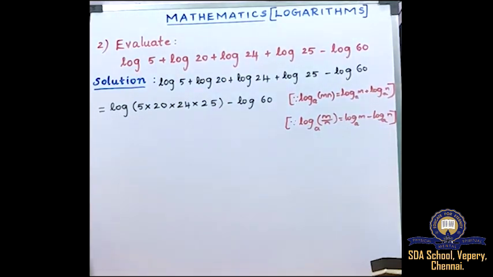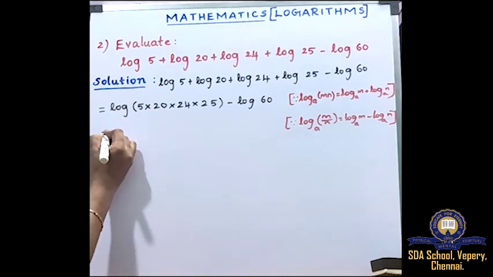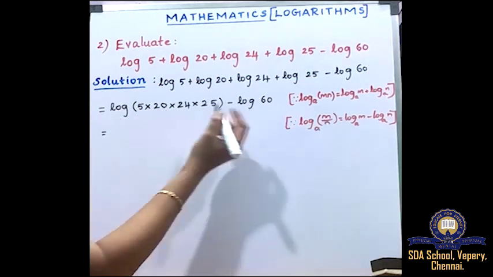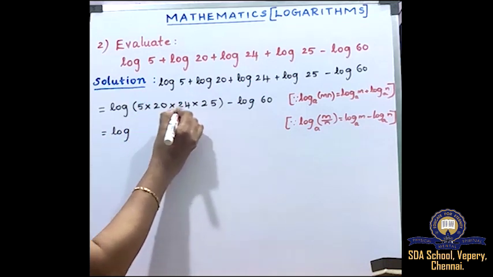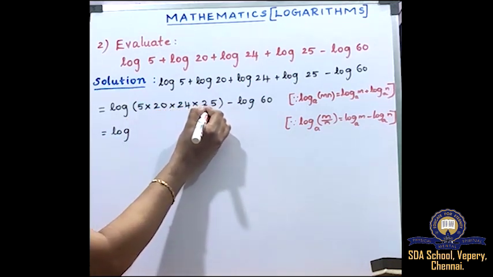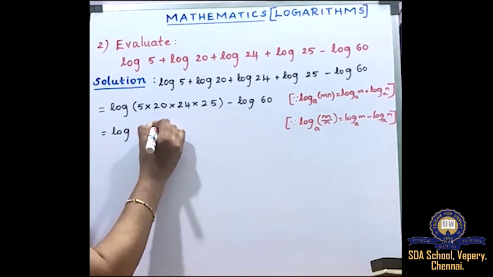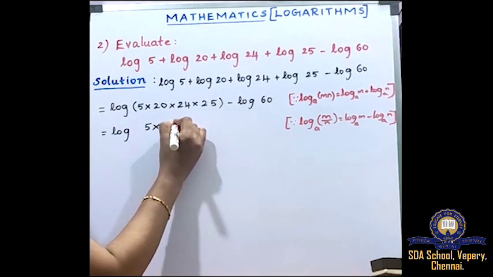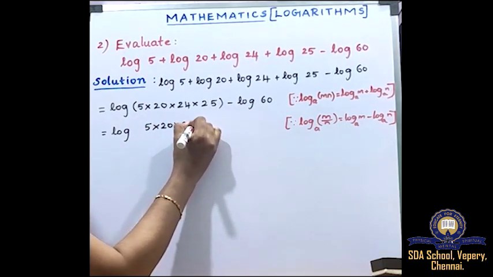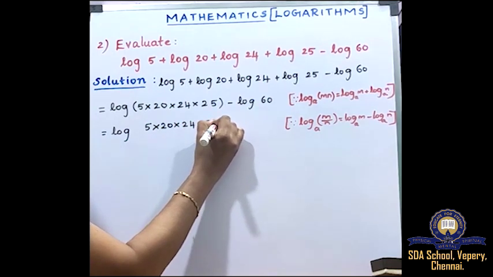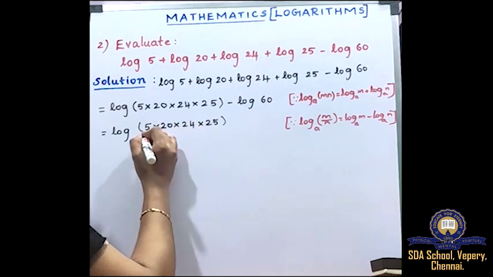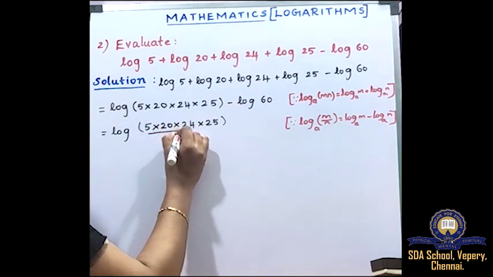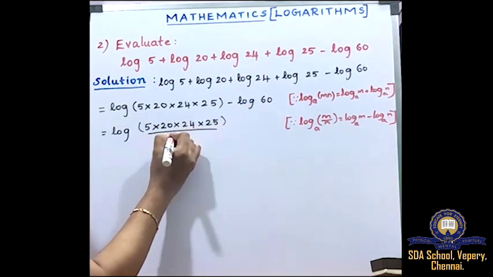So using this law, we can write this as log m by n, where the m value is 5 into 20 into 24 into 25, divided by n, and the n value is 60.